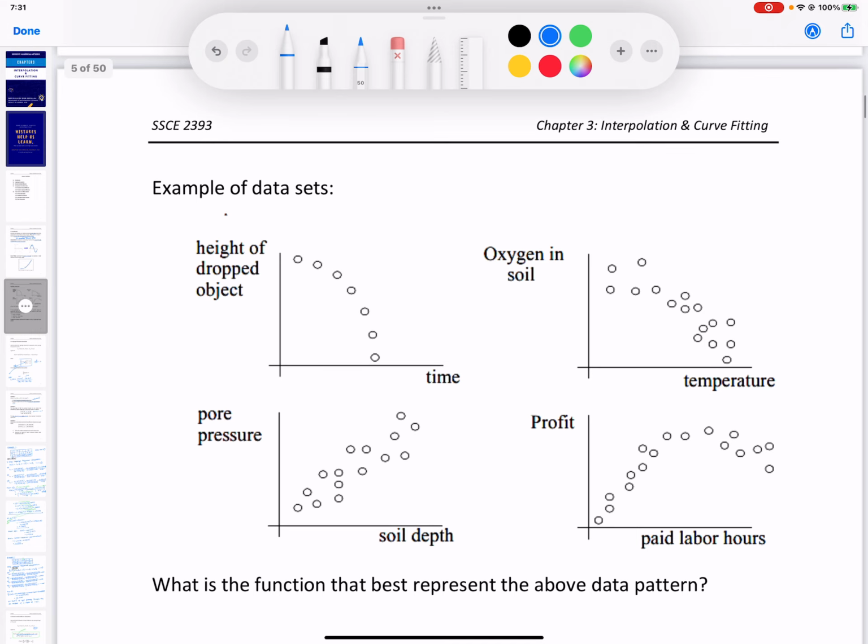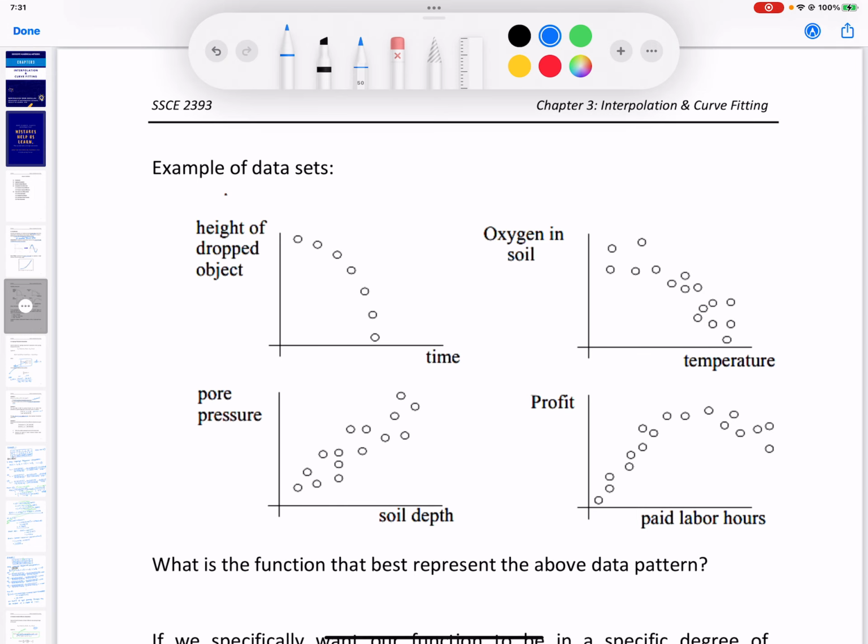Okay, so we look at an example of data sets. For the first example here, if you look at the data, we can use interpolation. Means that we can find a function that can fit all the data. So this one can use interpolation.